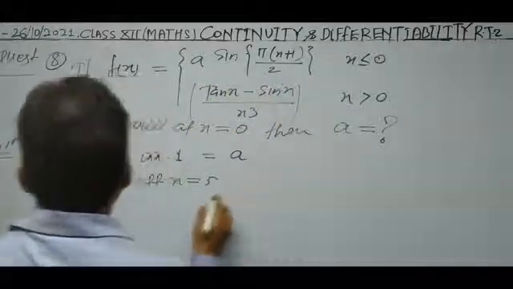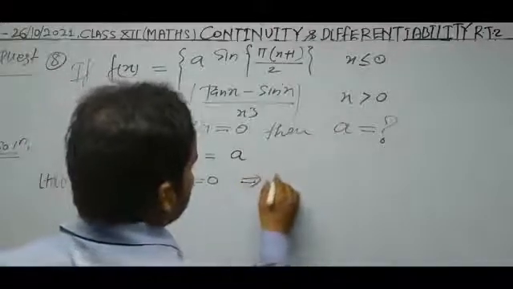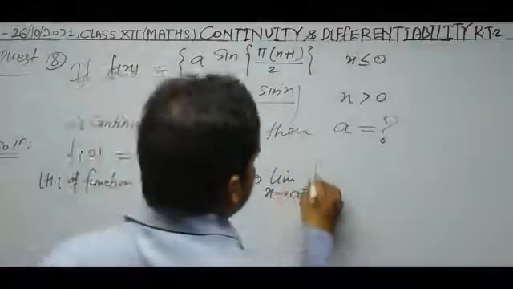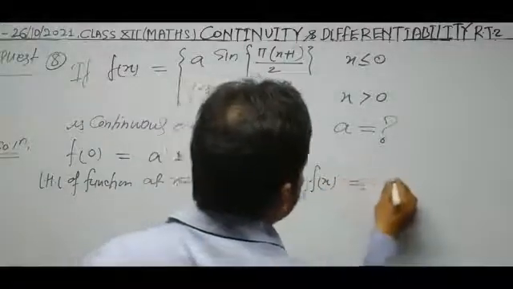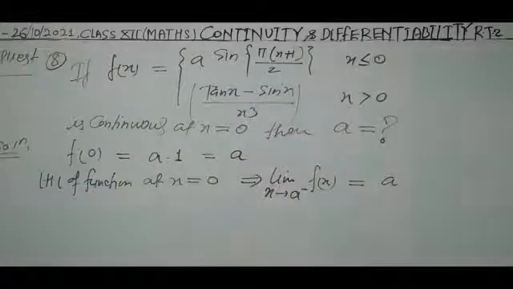This implies limit x tends to 0 minus f of x, result you will get a, for x less than 0.